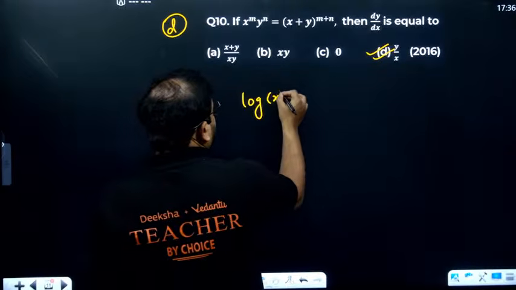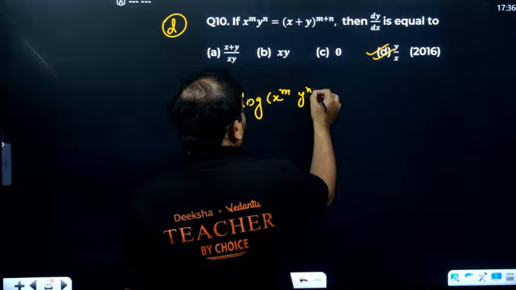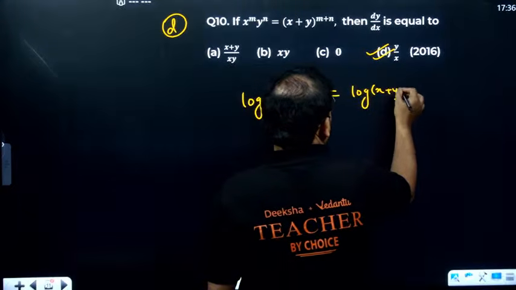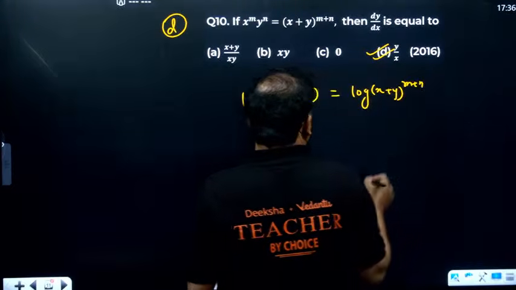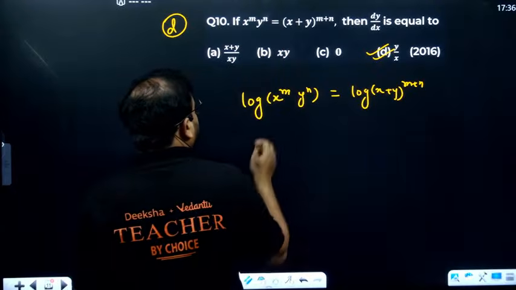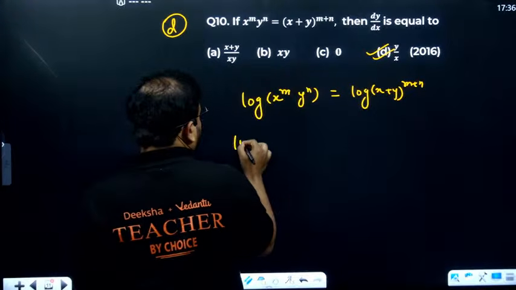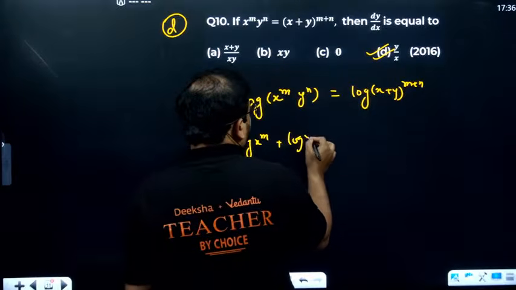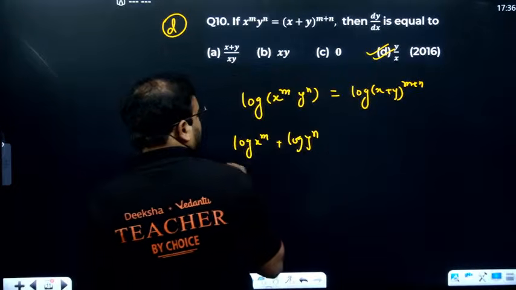Log of x^m into y^n, and log of (x plus y)^(m plus n). Right? So what are you going to do about this question? Simply separate it using the property of log: log x^m plus log y^n. Here we have used the product rule.